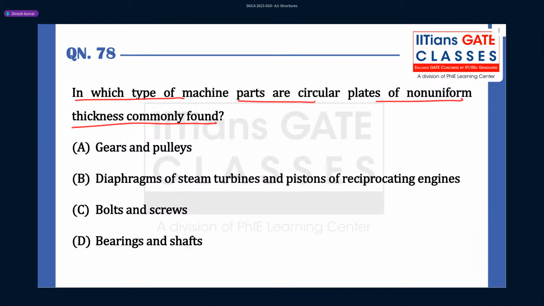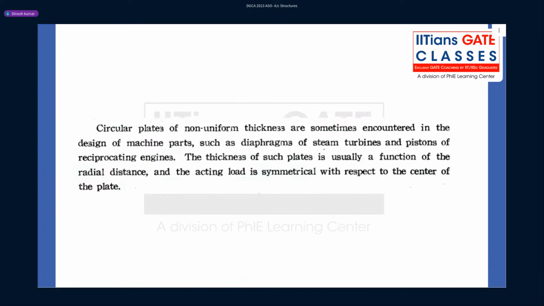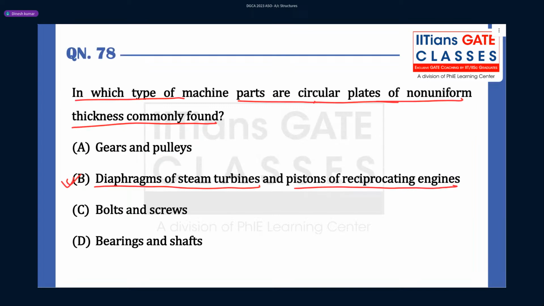Usually the diaphragms of steam turbines and pistons of reciprocating engines are circular plates of non-uniform thickness. You can see the reference provided here. Circular plates of non-uniform thickness are sometimes encountered in the design of machine parts, such as the diaphragm of steam turbines and piston of reciprocating engine. So what should be the answer? B should be the answer.